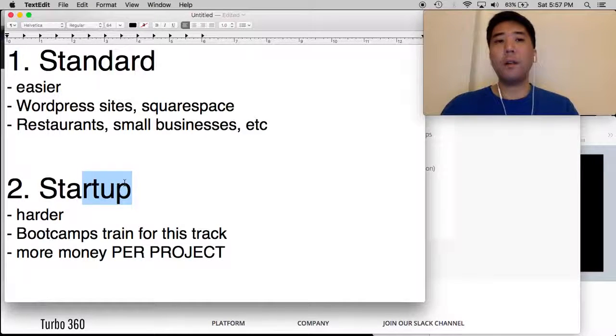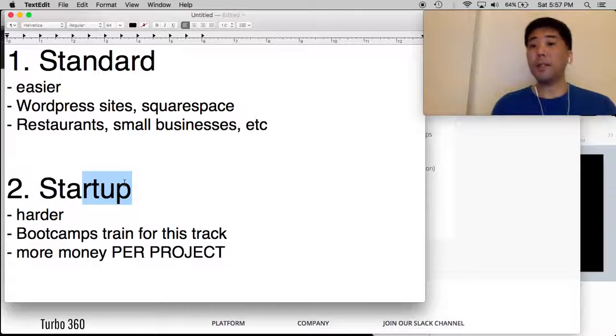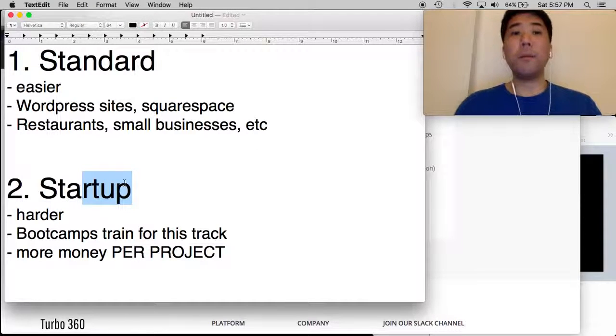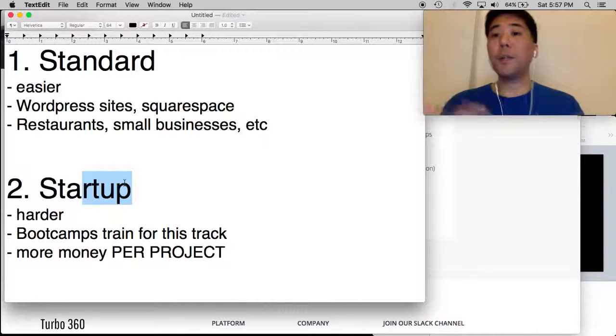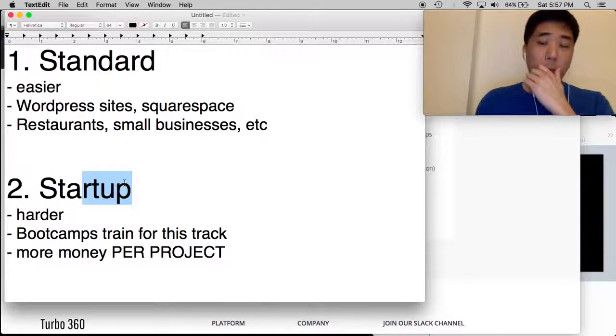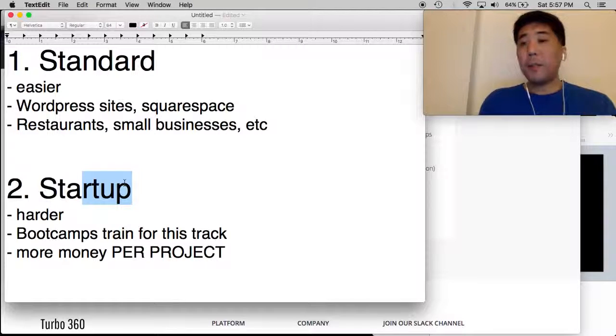I thought out of 10 startups, maybe 4 or 5 would go out of business, and the other 5 or 6, excuse me, would be sustainable companies, and I would be the CTO of one of them. After 2 or 3 years, I'd be the CTO of one of those. That was my initial play. But my perspective was way off.